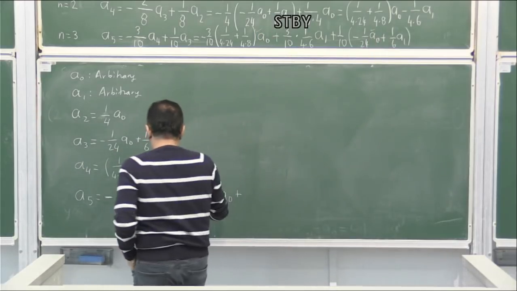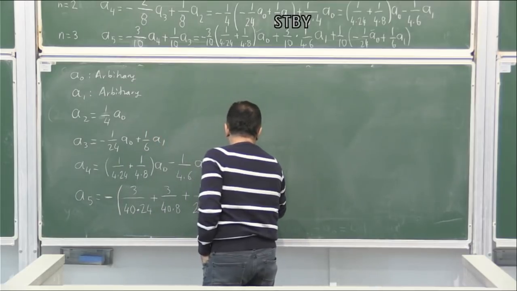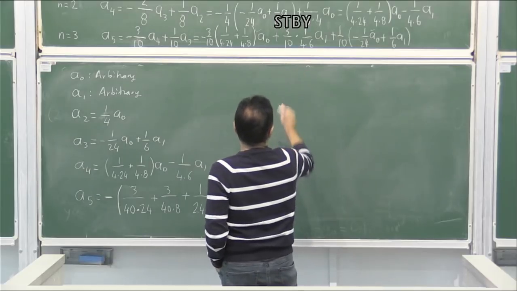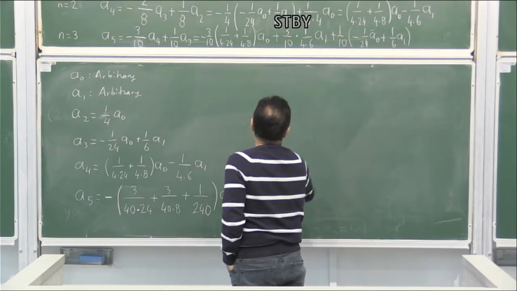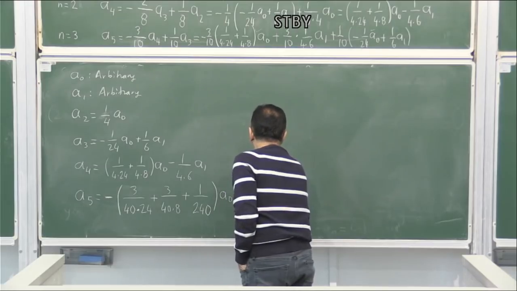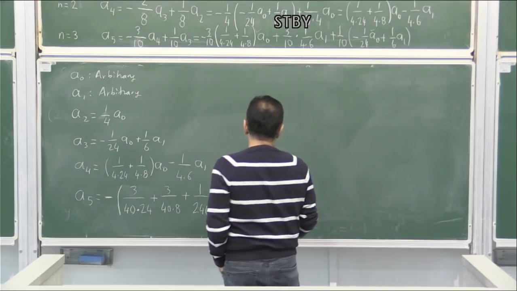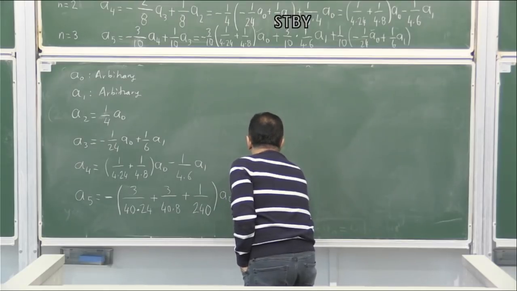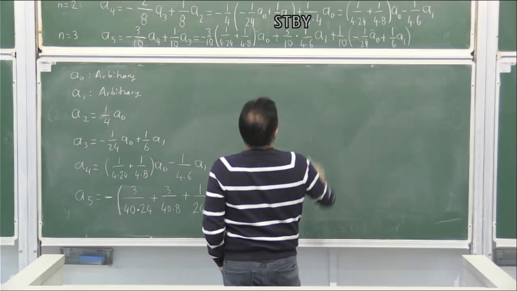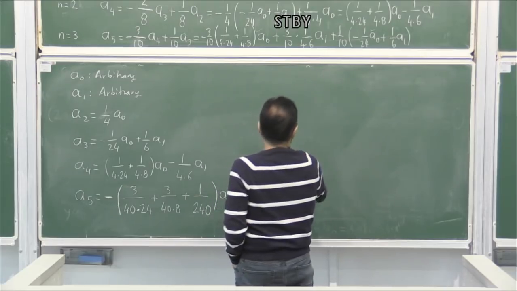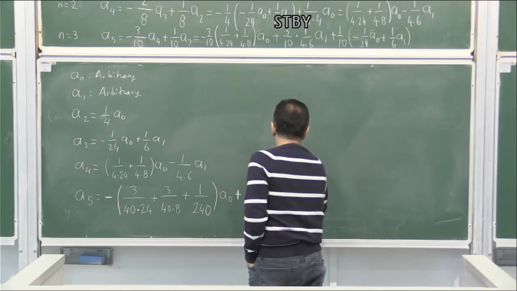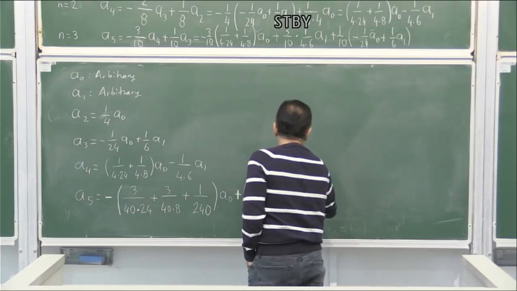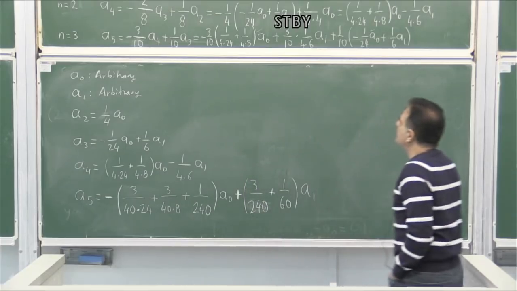So as you see, it is very difficult to calculate the coefficients. So the terms proportional to A1 are 3 over 40 times 6. So that's right, 24 plus 1 over 60 A1, I guess.